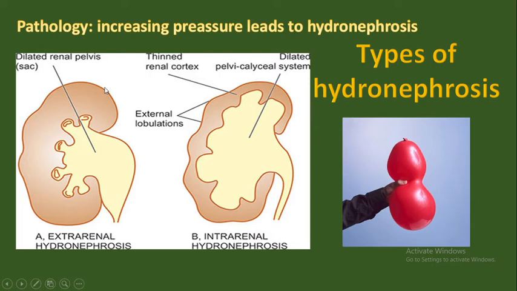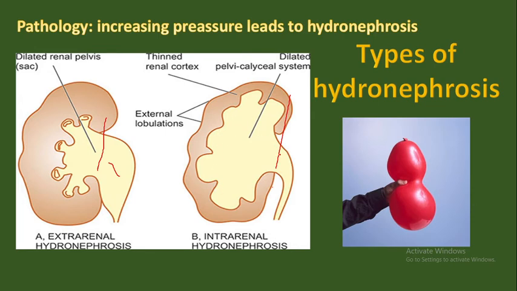So this is the same as this. We imagine that there is a hand here compressing this. The urine comes down and it will not be allowed to go inside, so it will accumulate here. Unlike this, here we imagine the hand is compressing both the renal pelvis and the renal calyces.